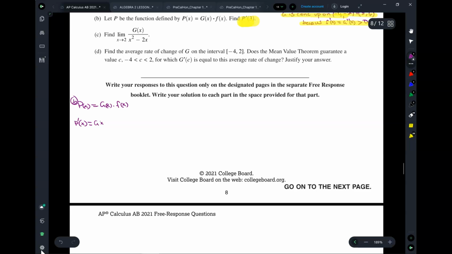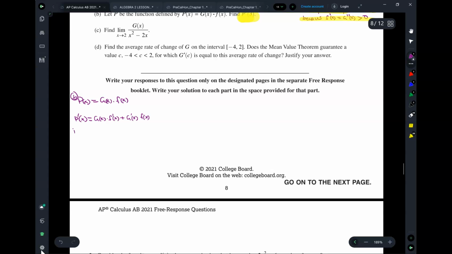So g of x times the derivative of the second plus the derivative of the first times the second. Okay. Okay, so here you'll probably be given 1 point for using the product rule for the derivative. Then, now we want P prime of 3. So this is g of 3, f prime of 3, g prime of 3, f of 3.